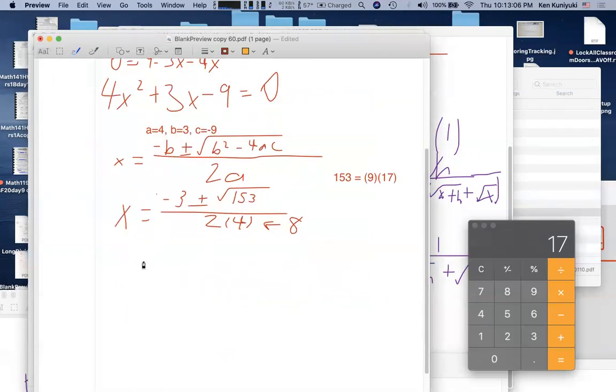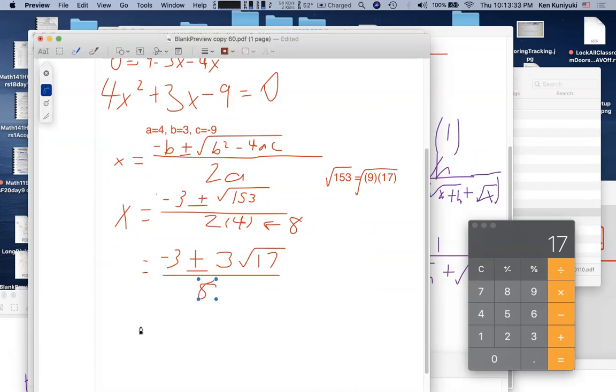So we have here -3 plus or minus. Root 153 equals root 9 times 17. Root 9 is 3, and then you have root 17, all over 8.